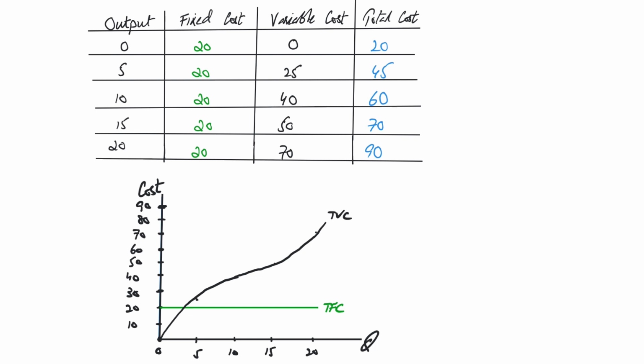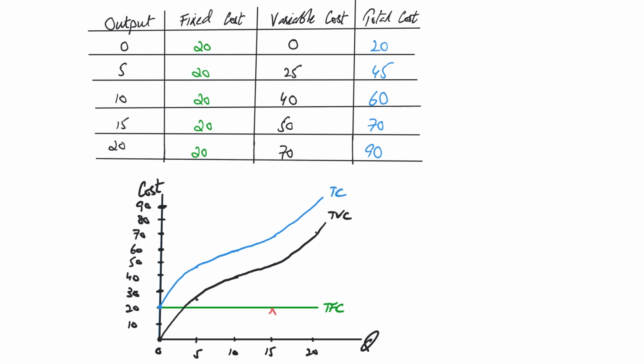After that, when we make the total cost, we have to add 20 to the variable cost. What that means is that your curve over here is just going to jump up by 20 at every level. It's going to move up in a parallel way. When you draw it, it will look like we have shifted the variable cost upward.